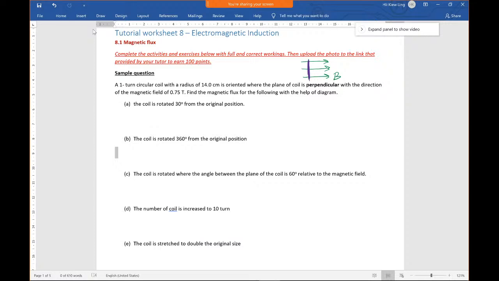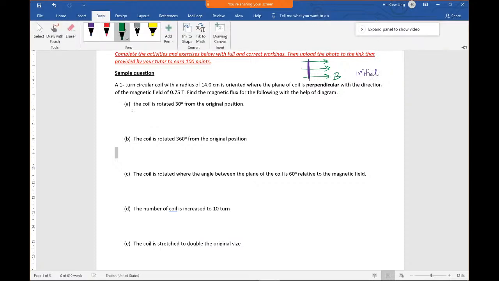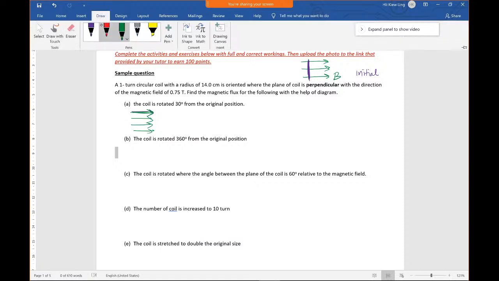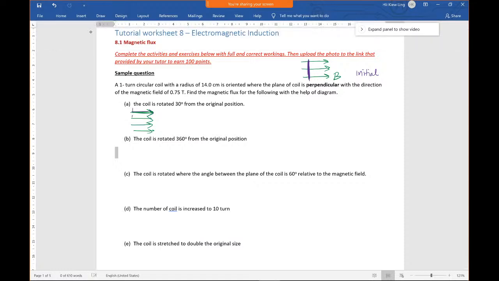Find the magnetic flux for the following. So this is the initial orientation. The coil is rotated 30 degrees from the original position.